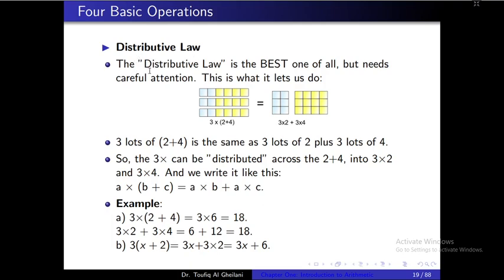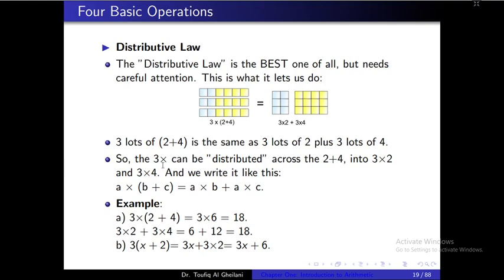Distributive law. The distributive law is the best one of all, but needs careful attention. This is what it lets us do. For example, 3 lots of (2 plus 4) is the same as 3 lots of 2 plus 3 lots of 4.